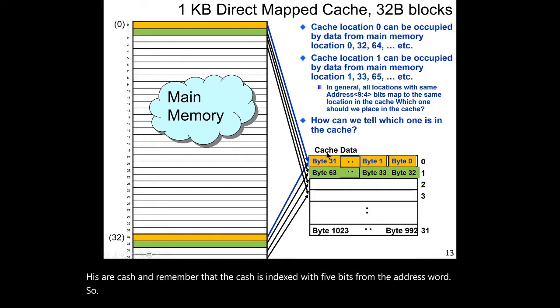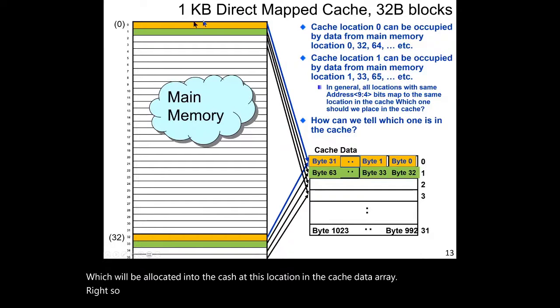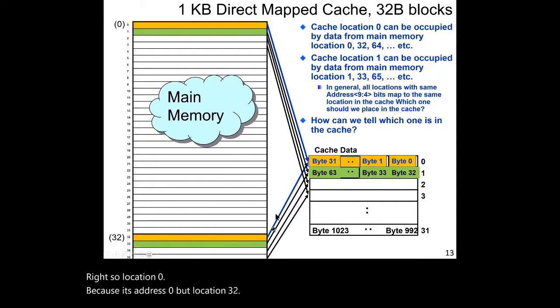And the cache has a capacity of 1 kilobyte. So this yellow line here refers to data which will be allocated into the cache at this location in the cache data array. Right, so location 0, because it's address 0, but location 32 is also going to map to the same location, right, because we're only using 5 bits.